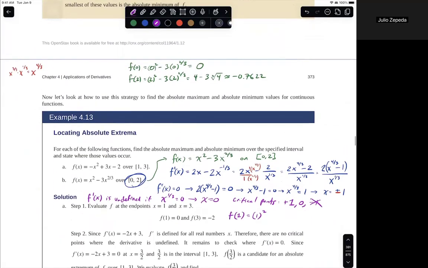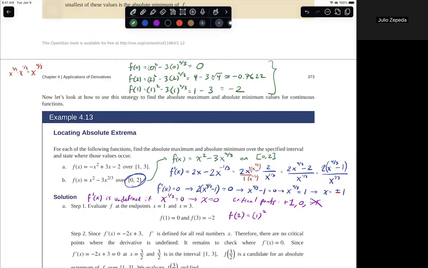Let me write it up top in green. f of 1 is equal to 1 squared minus 3 times 1 to the 2/3. This is going to be just 1 minus 3, and so that is negative 2. So among these three values here, one of them has to be the absolute maximum, and one of them has to be the absolute minimum.